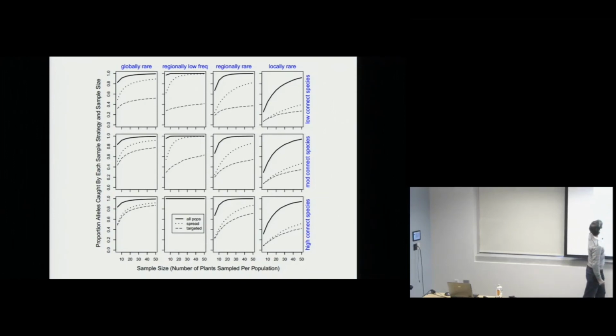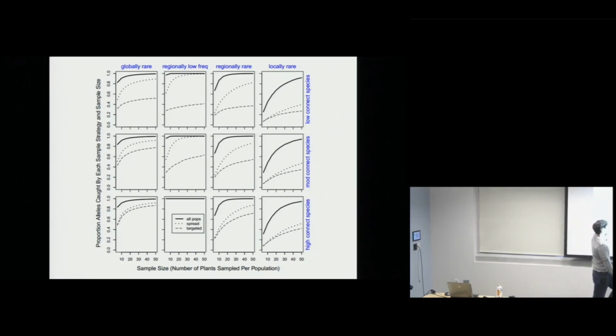And you can see it's pretty dramatic how much better the spread strategy performs for this species that has relatively low connectivity. So that's relatively low migration rates and therefore relatively high population structure. You see that as we look at species with moderate or high connectivity, the relative advantage of this one strategy over the other decreases.